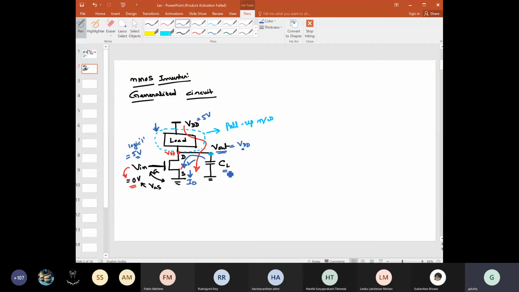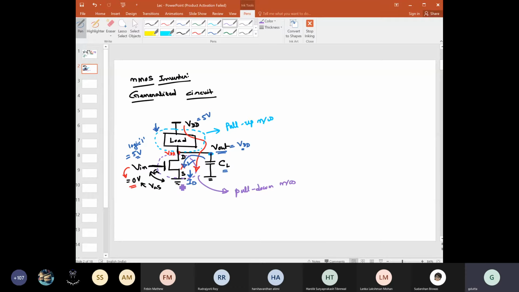So if this capacitor gets discharged, then what will happen to the potential at this output node? It will fall or reduce, right? So from that point of view, the network which is helping to reduce the potential of this output node is called the pull down network.